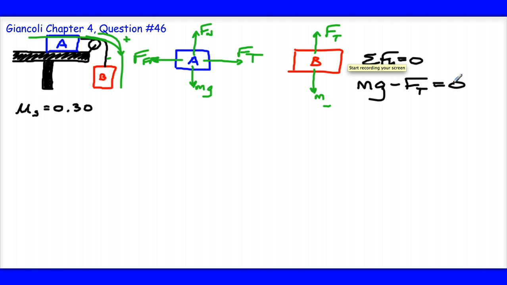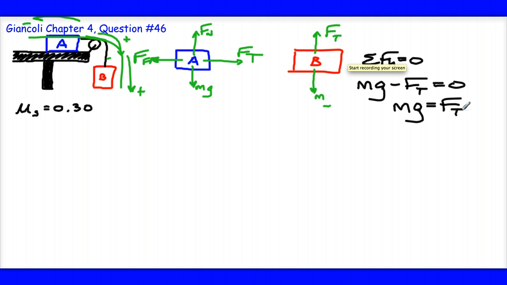Anything moving the system in the clockwise direction is positive, and the weight acts in that downward, clockwise direction, so we call it positive. I end up with mg equal to the force of tension in the cable.